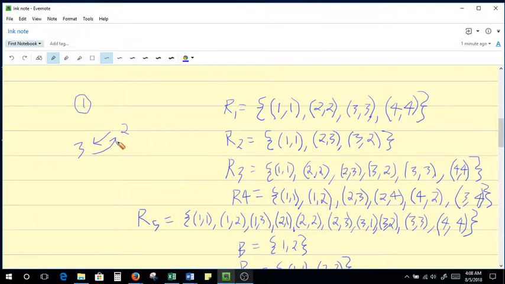For this one, all this is symmetric, right? So this is a reflexive right here, but all of them have to be reflexive for it to count. And then it is not antisymmetric because we have a symmetric principle right here. And then transitive was never completed.